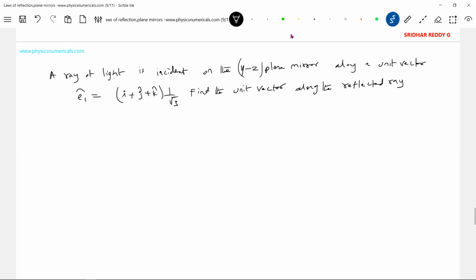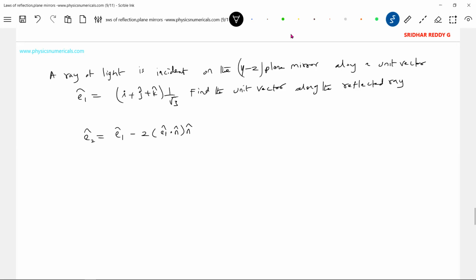The same set of formula that we had. So what was the formula? E2 cap is equal to E1 cap minus 2 (E1 cap dot N cap) N cap. In which plane is the mirror lying? In the YZ plane. So definitely what should be the normal? The normal should be along I cap.